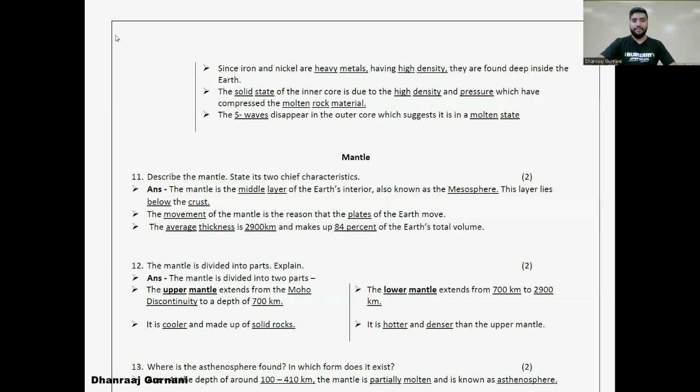The core has heavy metals, Ni and Fe, nickel and iron. Being heavy metals, they have high density and they are found deep inside the earth. The solid state of the inner core is due to this high density and pressure which have compressed the molten rock material. And the outer core is in molten state because of the disappearance of S waves.